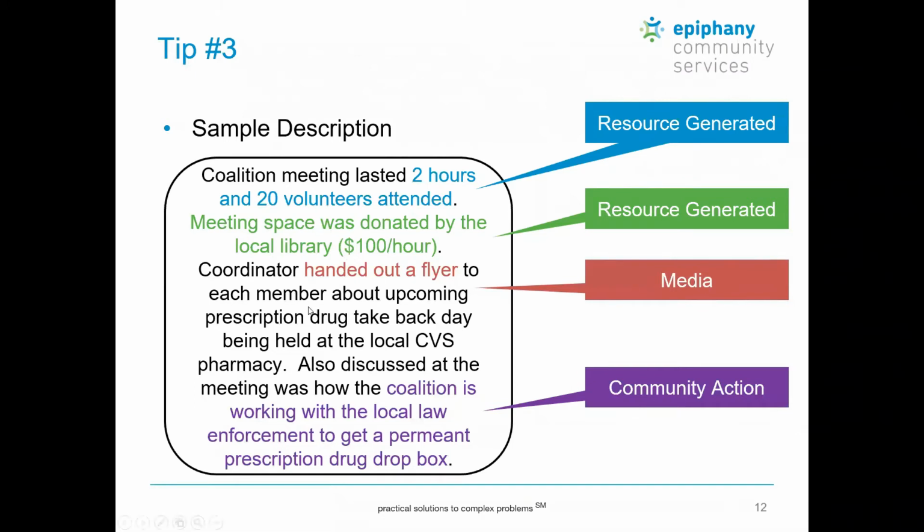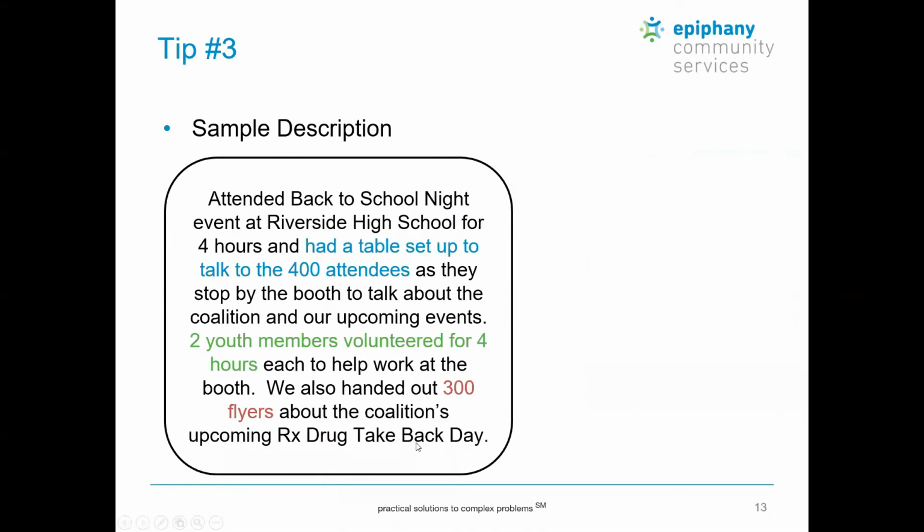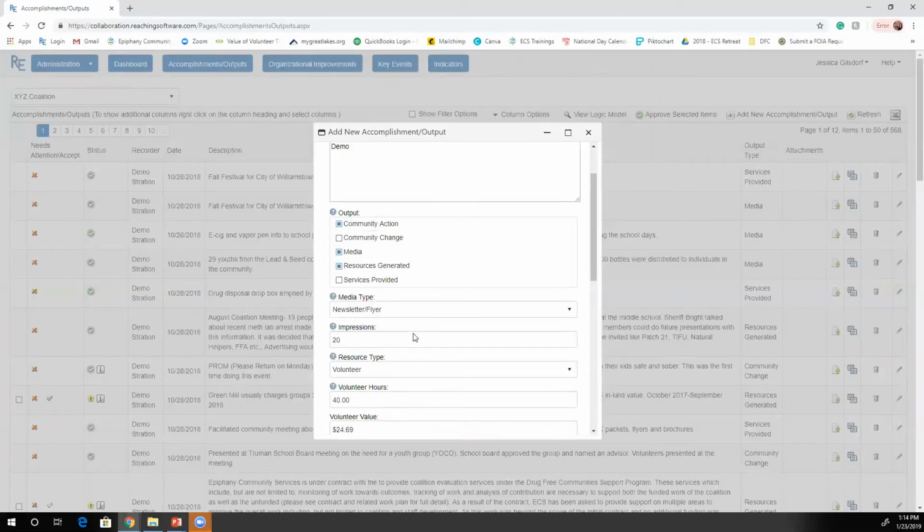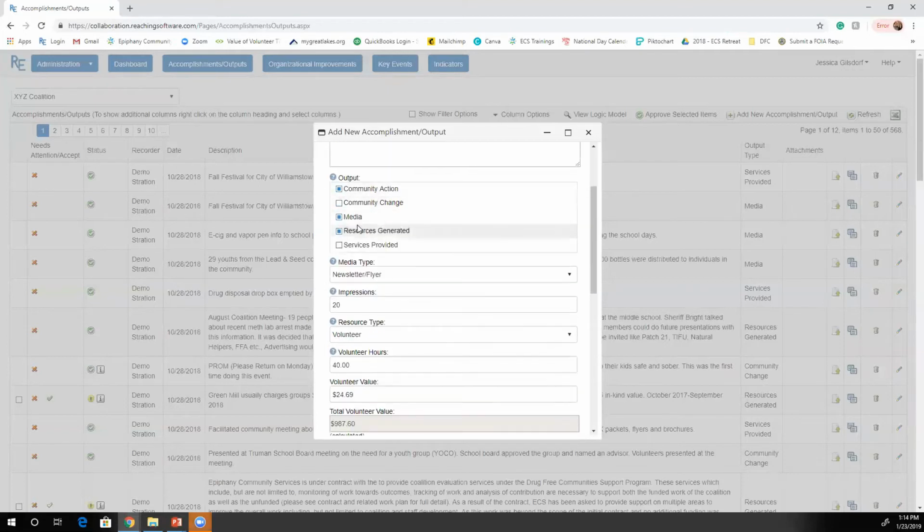However, when we get down to the bottom, we did talk about installing this new permanent prescription drug drop box, which means this is going to be a different strategy, which is going to be enhancing access and reducing barriers. So this is where I was saying sometimes you have to be careful about entering all of your entries at once or all of your outputs at once.